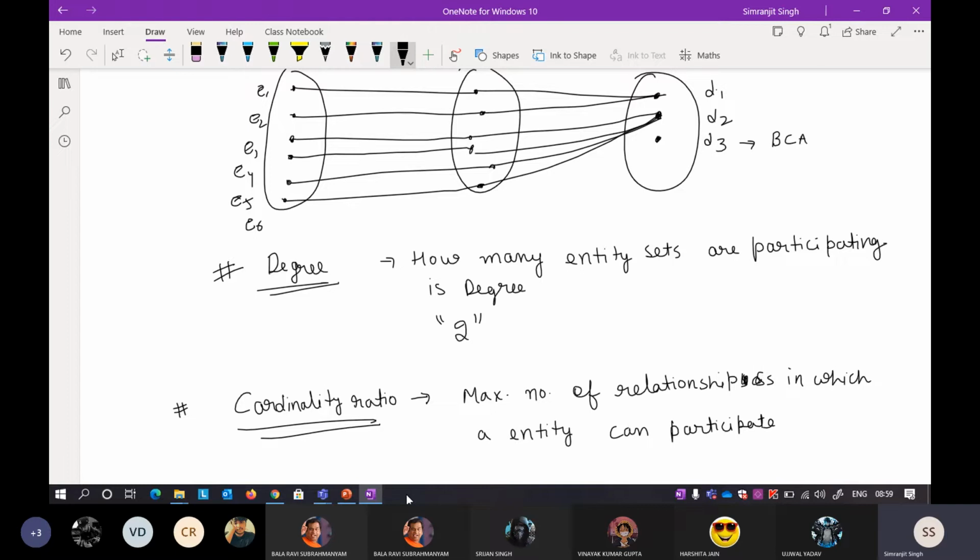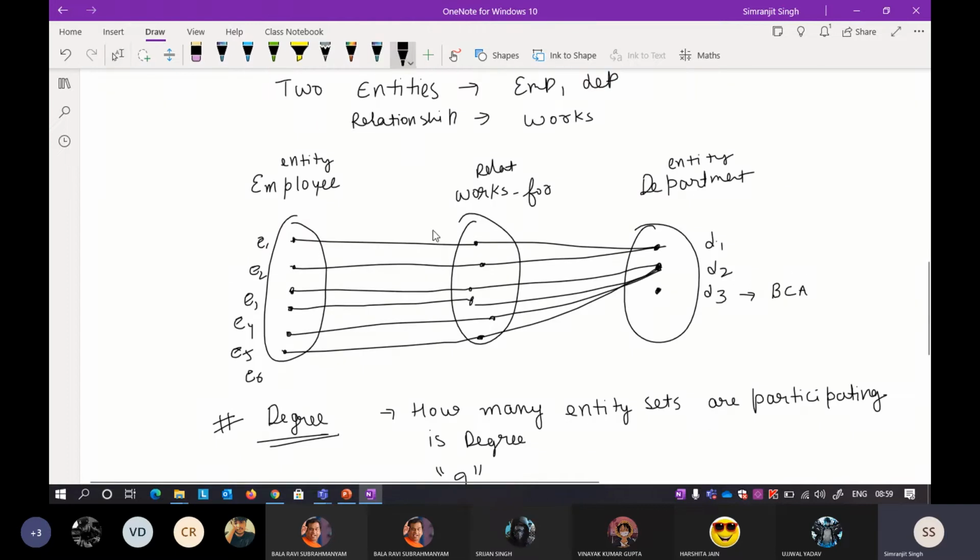This circle is the entity set, and the entries inside, e1, e2, e3, are entities. Now I have to find out the maximum number of relationships an entity can participate in.